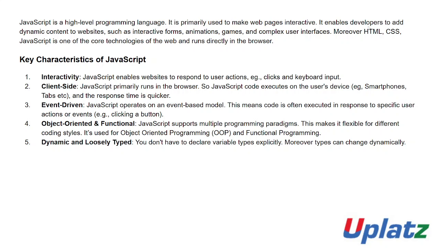It enables developers to add dynamic content to websites such as interactive forms, animations, games, and complex user interfaces. Moreover, HTML, CSS, and JavaScript are core technologies of the web, and JavaScript runs directly in the browser.